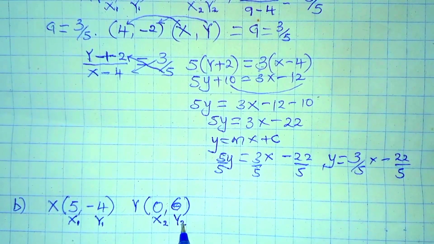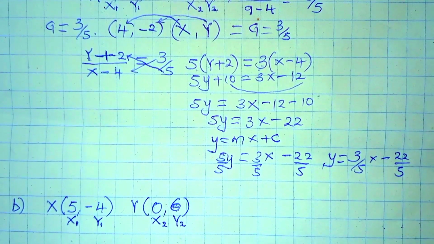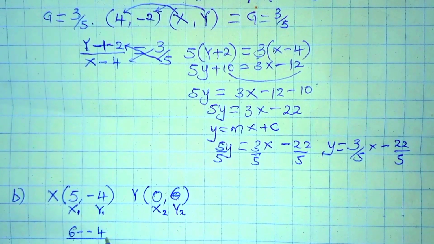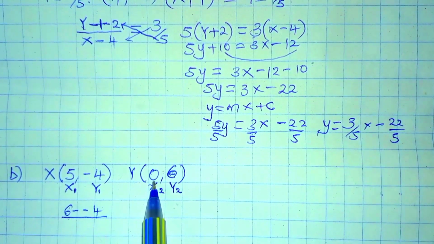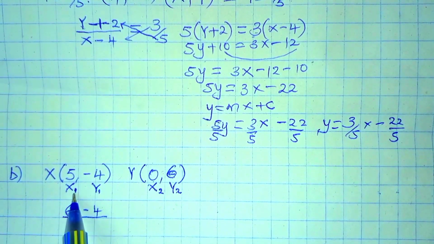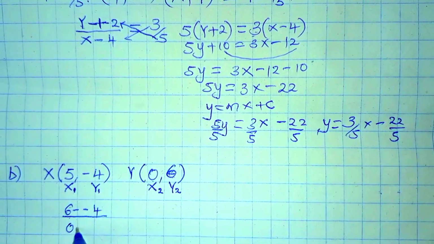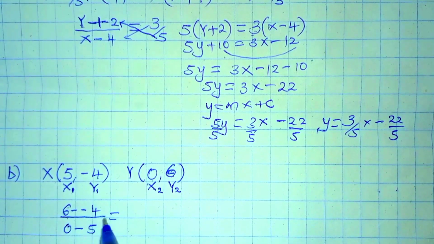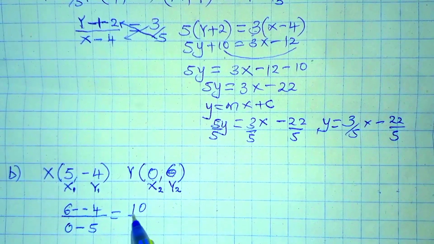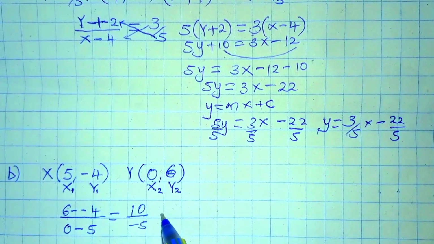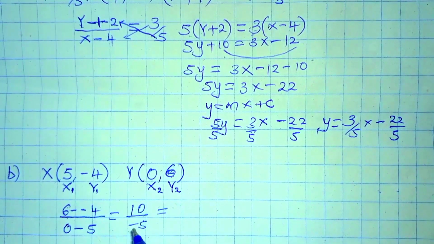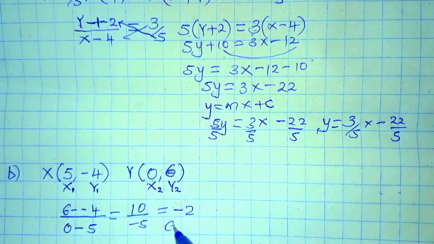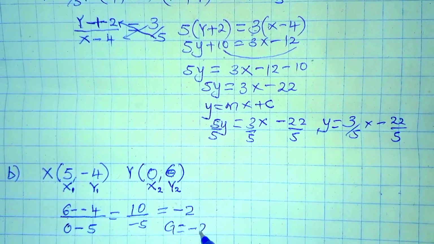The change in y coordinate will be 6 minus -4, divided by x2 minus x1, which is 0 minus 5. So 6 minus negative 4 is 10, and 10 divided by negative 5 is negative 2. So our gradient is negative 2.